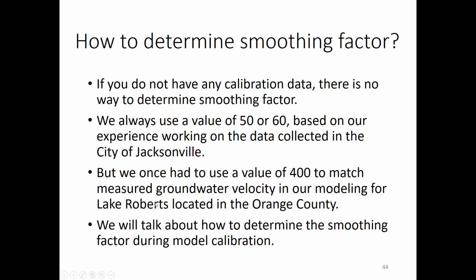For the Lake Roberts modeling, which is located in Orange County, we needed to use a smoothing factor as large as 400 in order to match the groundwater velocity in our simulation, right? Again, we're going to talk about how to determine the smoothing factor during model calibration in another training video.